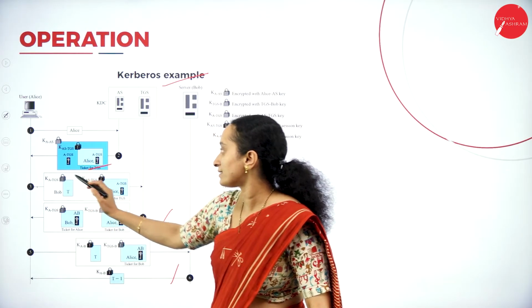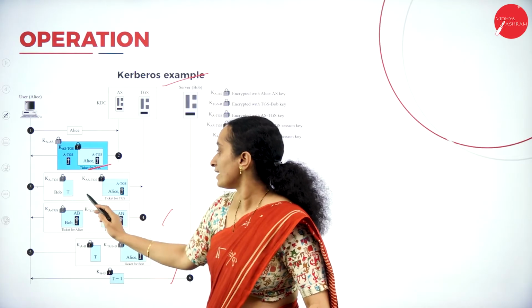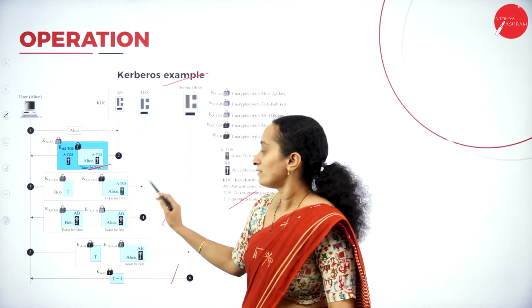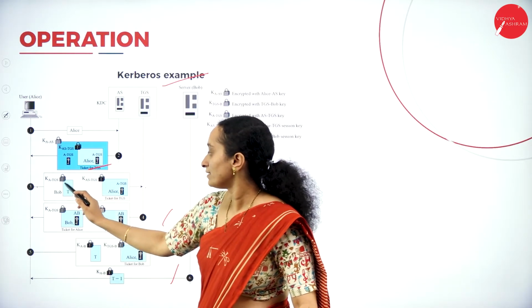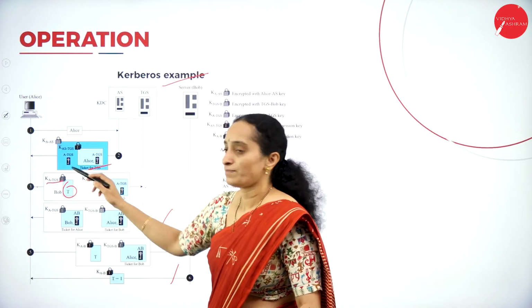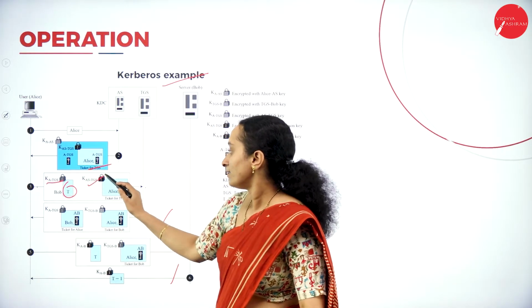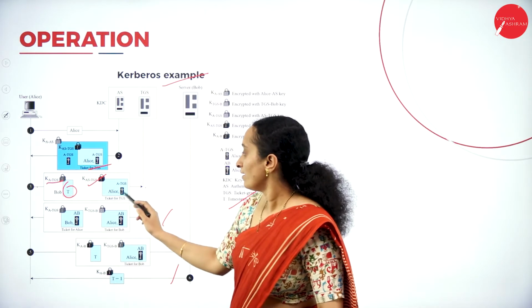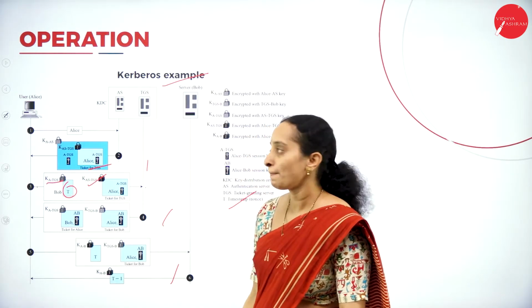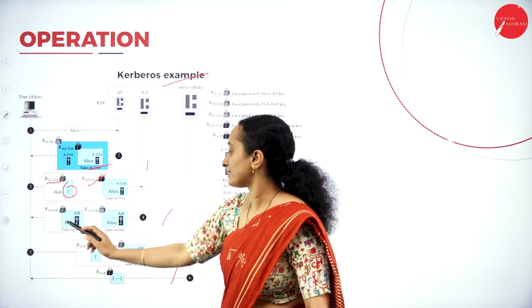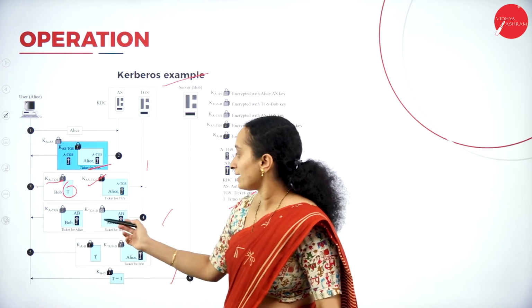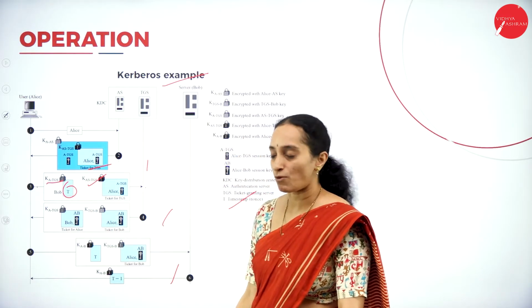In the 3rd step, Alice sends a ticket for the TGS, forwarded with Bob's ticket and the key for authentication, all sent to the KDC. The KDC sends back separate tickets for Alice as well as Bob.